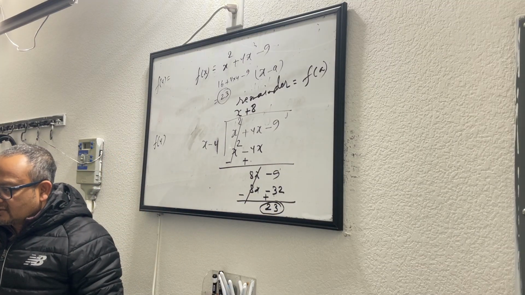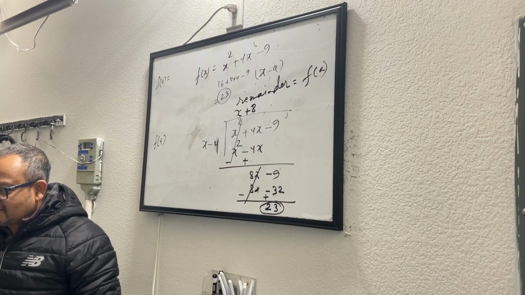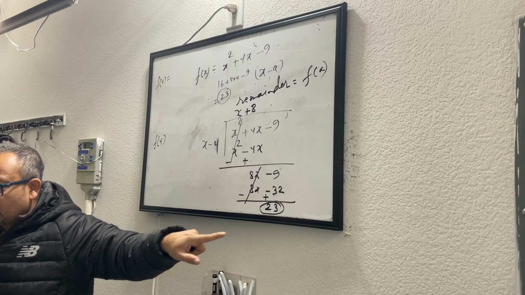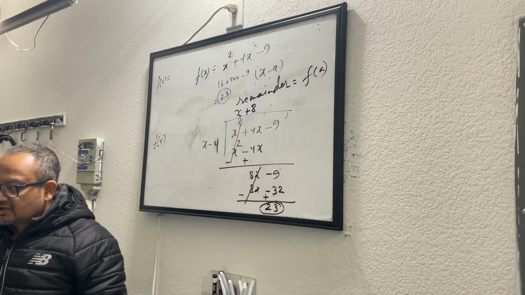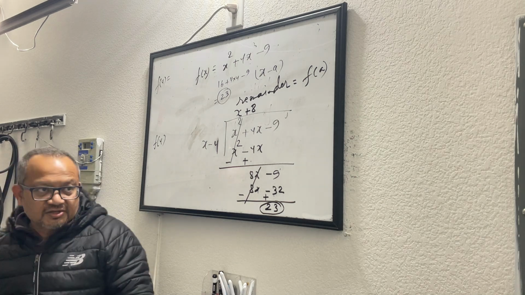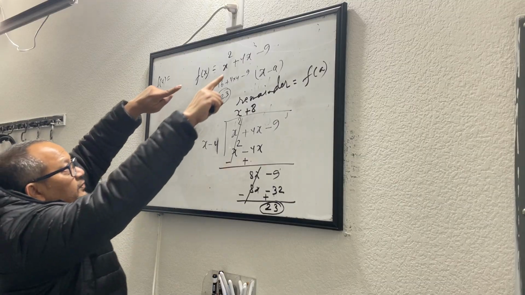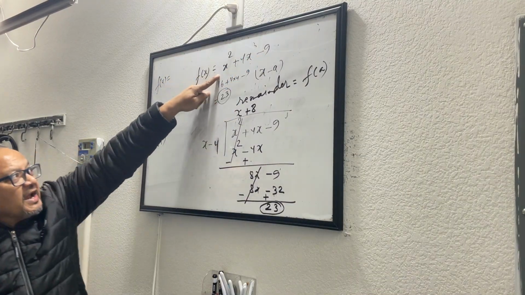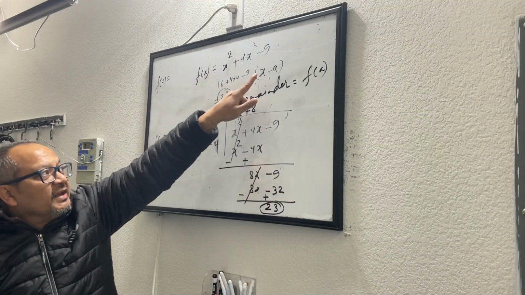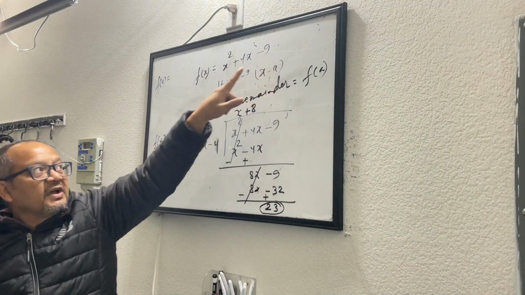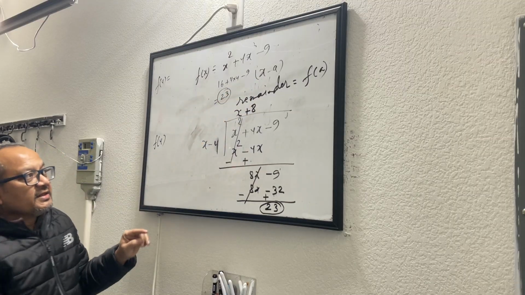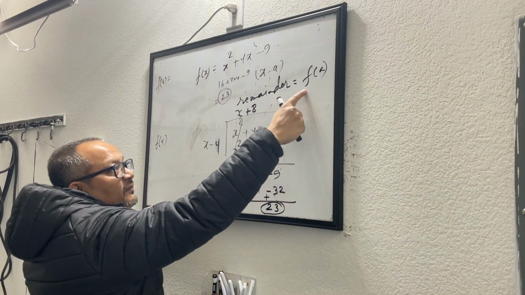Was this sounding magical? No, not yet. If you go by what this polynomial remainder theorem says, we just saw an application of it. It said that if you have a polynomial in terms of x, and you divide that by x minus a, where a could be any constant, then your remainder will be equal to f of a.